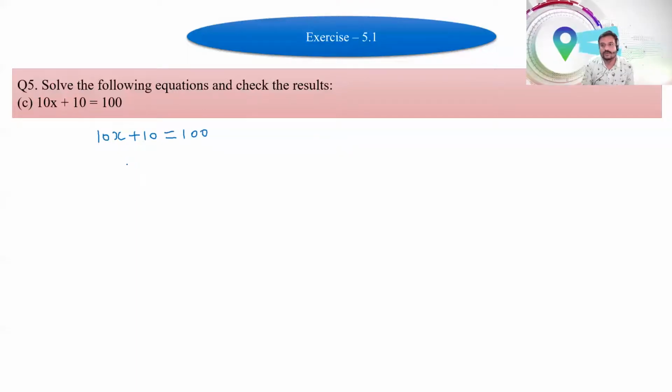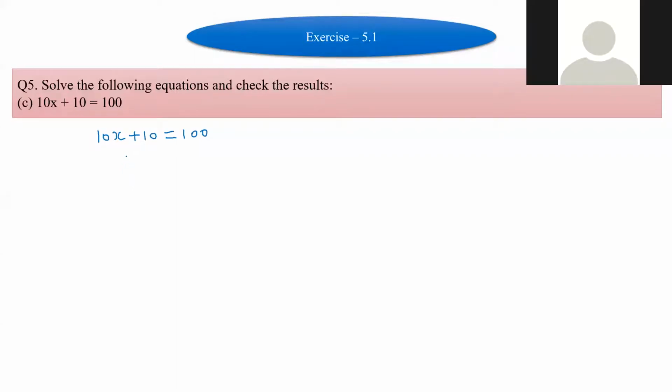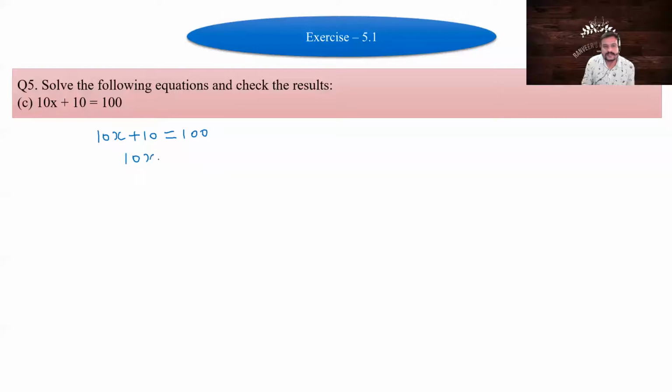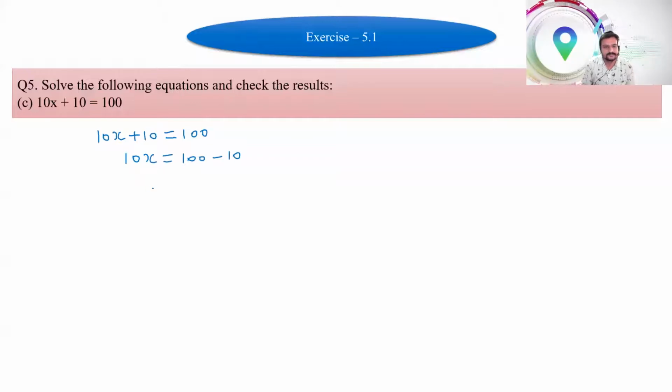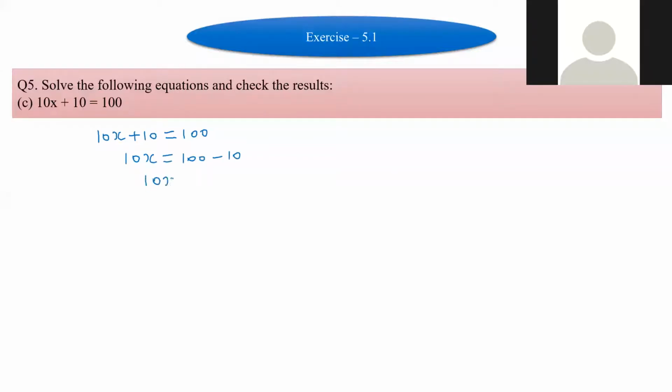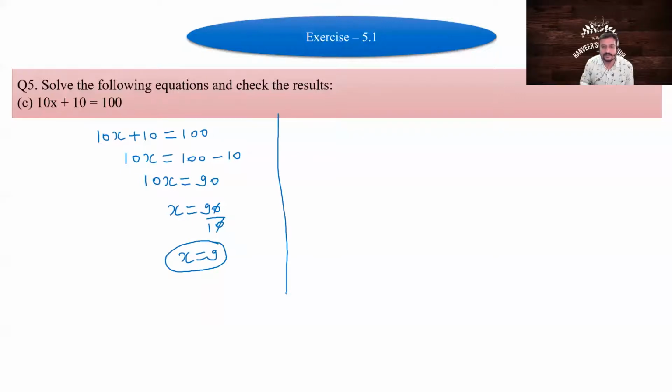Now what is our rule? 10x is equal to 100 minus 10. We have shifted the constant term to RHS. 10x is equal to 90. x is equal to 90 by 10. x is equal to 9. Correct. x is equal to 9.